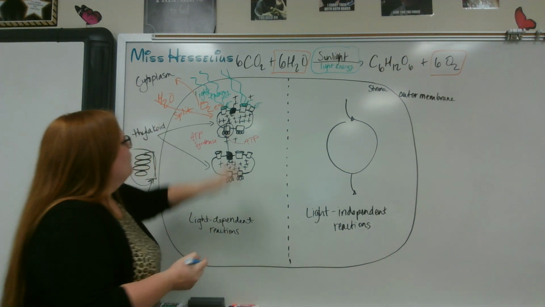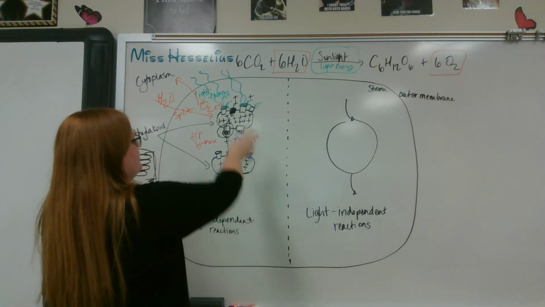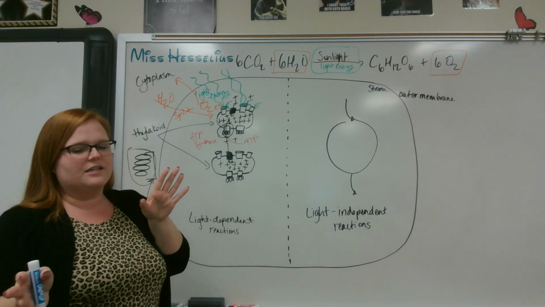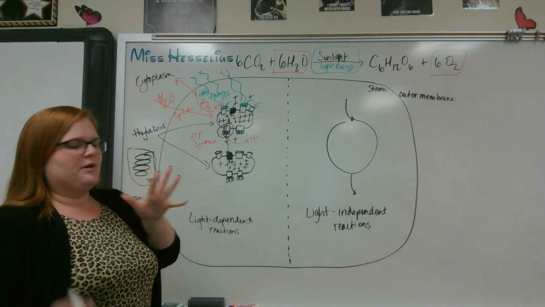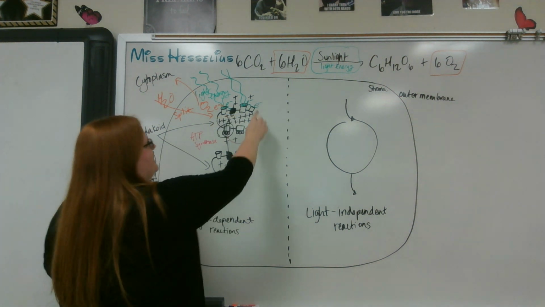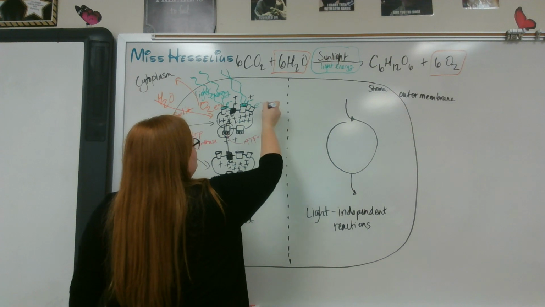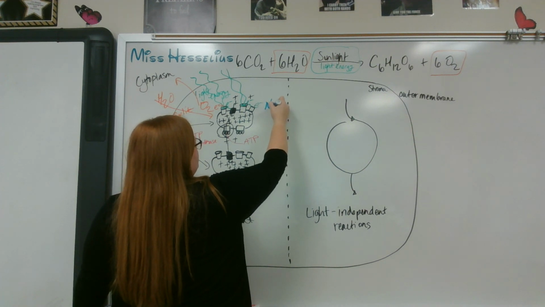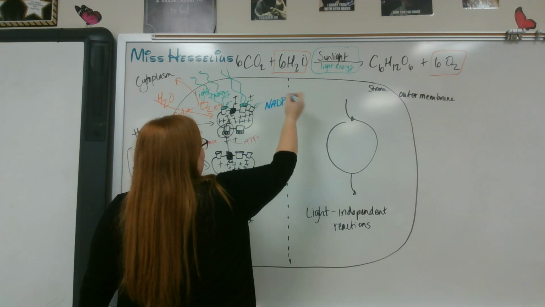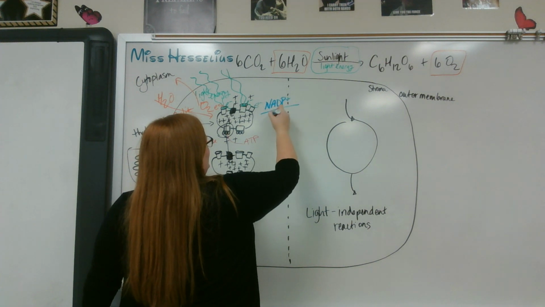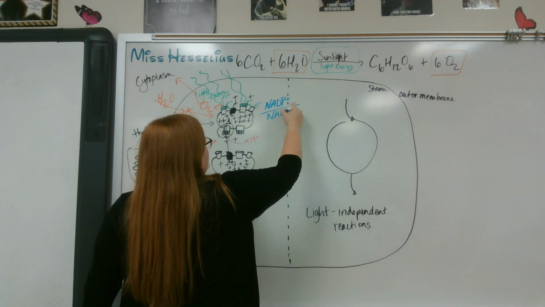Now, once the electrons get here on this little transport chain, it's not exactly like the electron transport chain in cellular respiration, but it's very close, okay? They end up here and they have to go somewhere. We need them over here, so there's a molecule called NADP plus or NADPH.